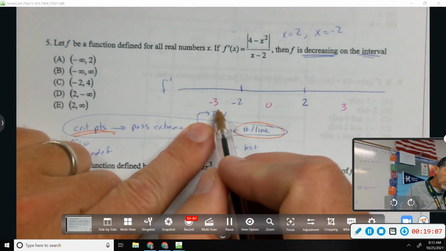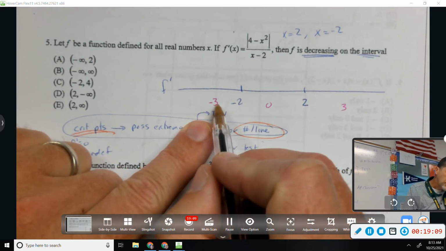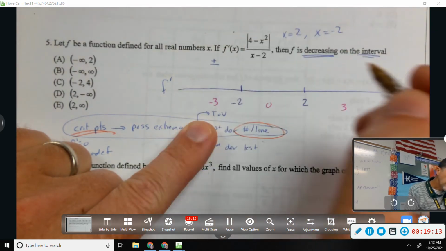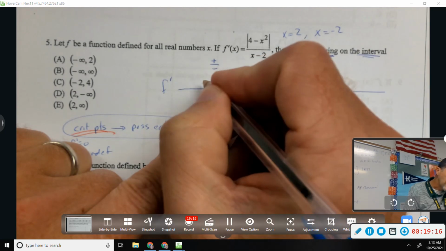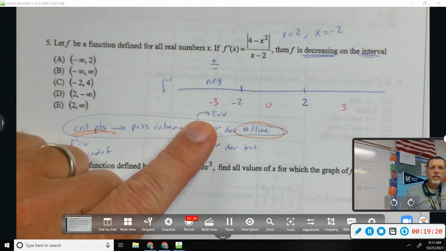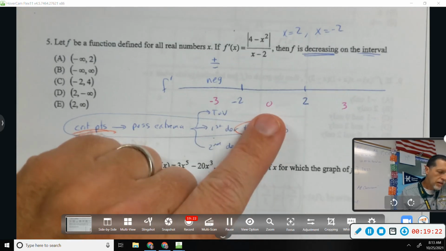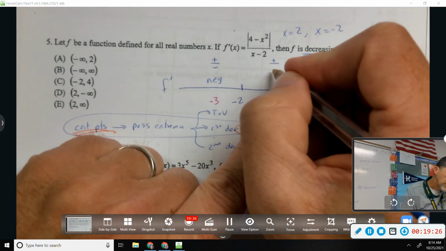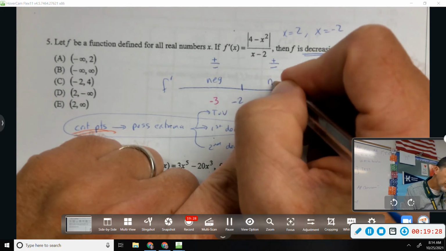So if I plug in -3, oh, well, the top's always going to be positive. The bottom would be negative. So f prime would be negative. If I plug in 0, again, the top's positive, the bottom's negative, so f prime is negative.